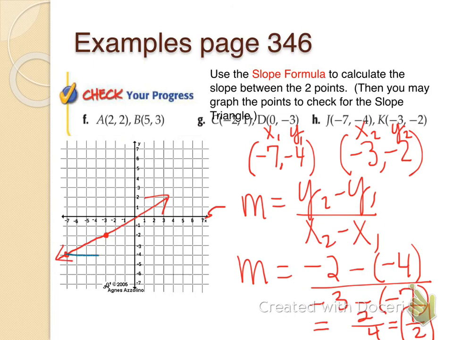So I could draw my triangle like this. Alright, we want to do the rise first. So I would have to go down 2, that's -2, and left 4, that's a -4. So my slope would be -2 over -4, which is the same thing as +1/2. So you can see we do get the same answer no matter if we graph it and use the slope triangle or if we actually use the formula.